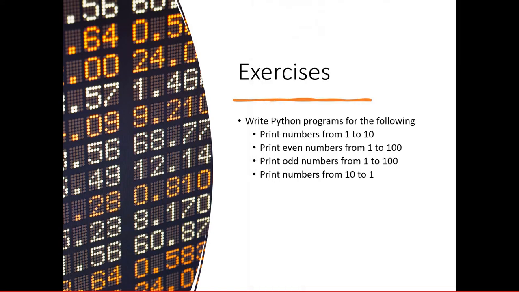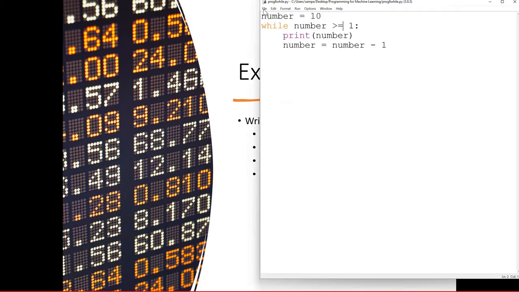Now to discuss that, I'm going to get another toy problem. So in this toy problem, we are going to look at how to get marks of 10 students. We are going to get marks of 10 students, and then let's say we are going to calculate the average marks. So I'm going to start with my very first program, and I'm going to slightly modify this. So let me save as a different name.